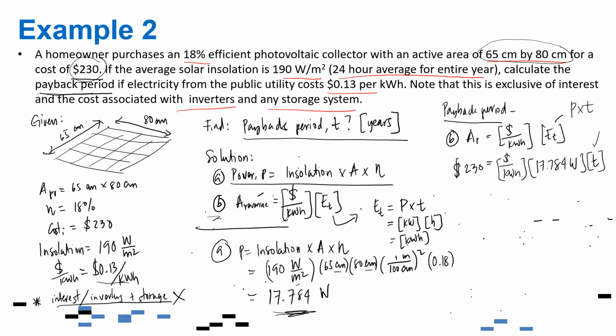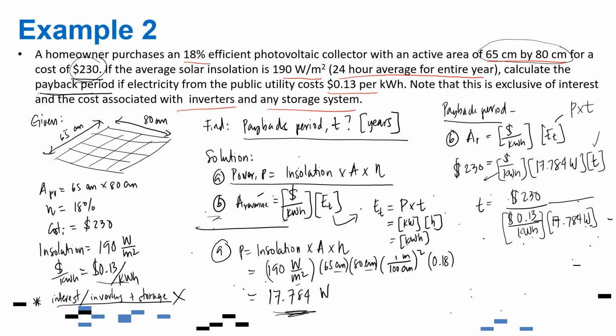All right, so we have T here now, so we can transpose. T is $230 over, so the price goes down here, 0.13 dollars per kilowatt hour, or 13 cents, times 17.784 watts.